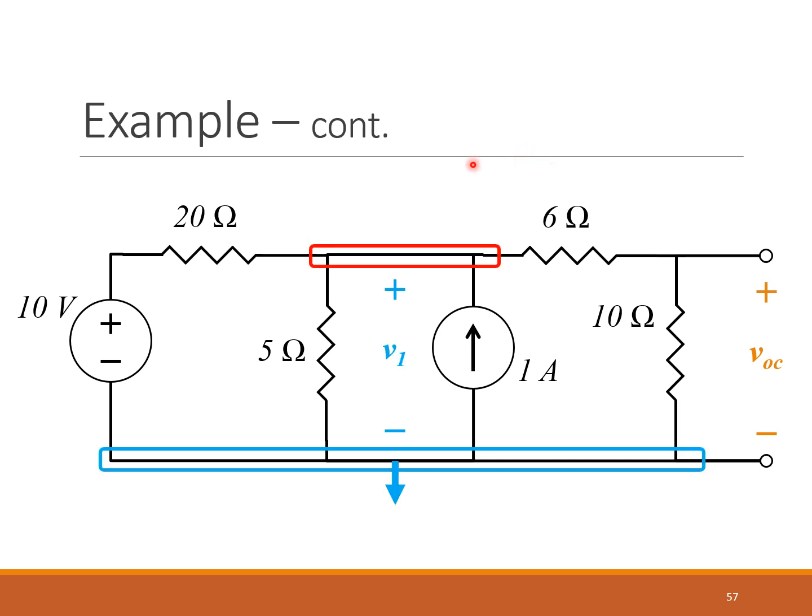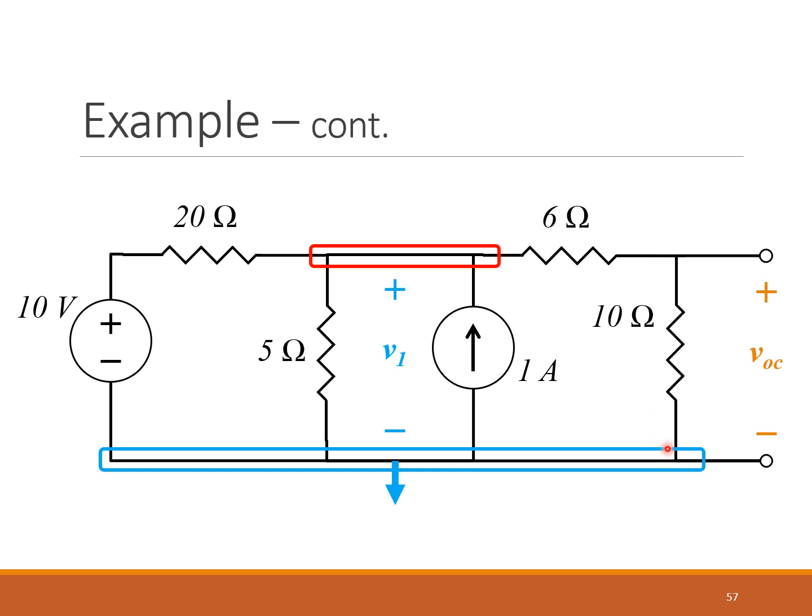We start by identifying our essential nodes. Again, anywhere that we have three or more elements connected. So we have one essential node up here at the top. This over here in the top left corner is just two elements, so that's not an essential node. Similarly over here, we don't include this output terminal because nothing is connected right now, but we have the 6 and the 10, so that's just a normal node.